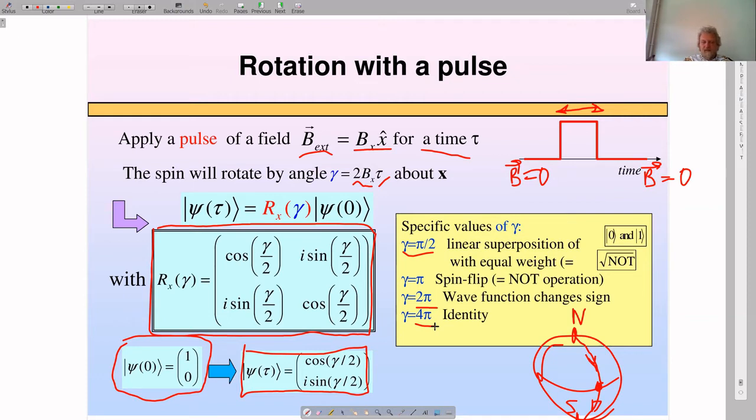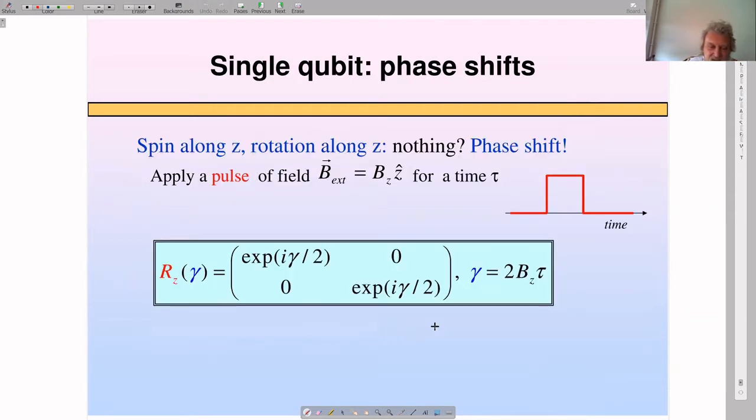It's a simple thing, and one can make any rotation over the x-axis, or if one wishes, over any other axis. Suppose we choose the rotation along that axis. What does it do to the wave function?